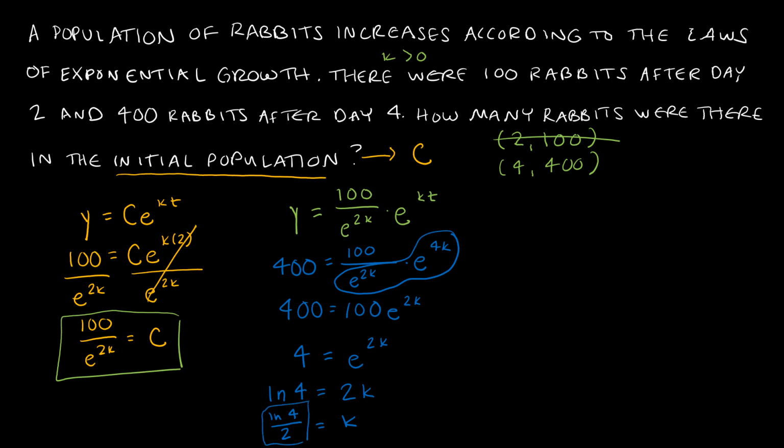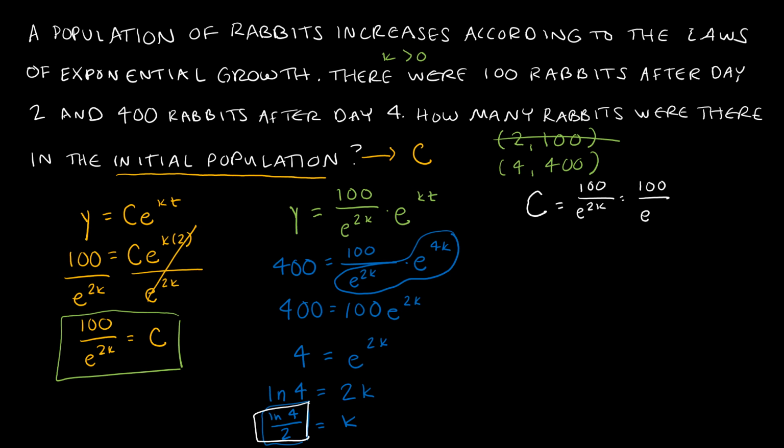So from here, I can now take it to the last step, which is to write my equation. C, if you'll recall, is 100 divided by e to the 2k, which means it's 100 divided by e to the 2 times natural log of 4.